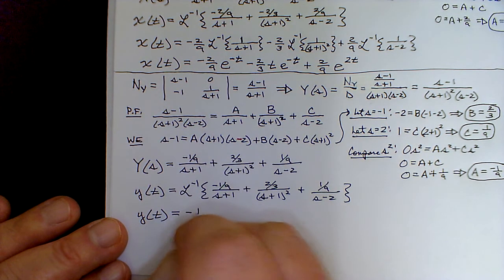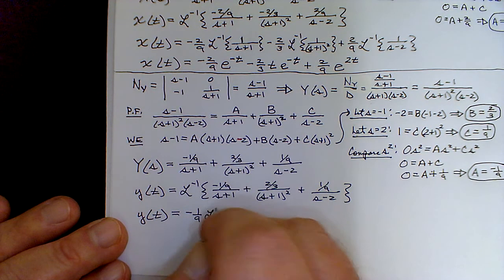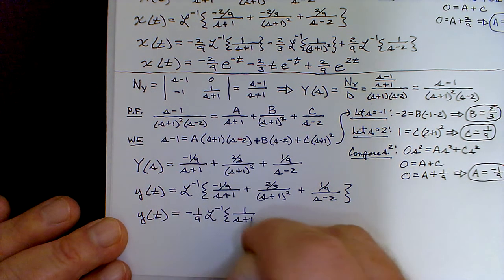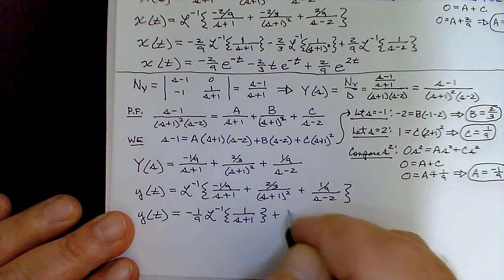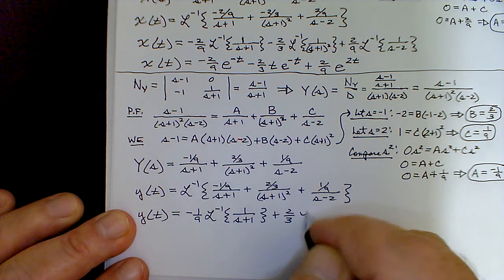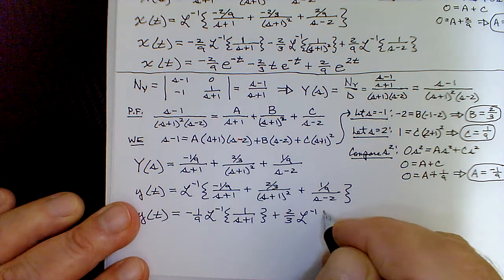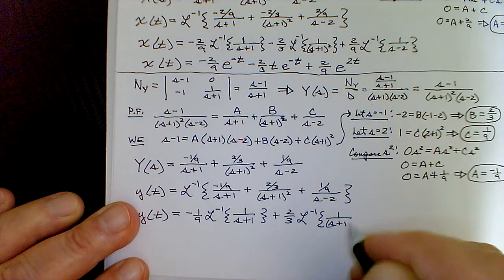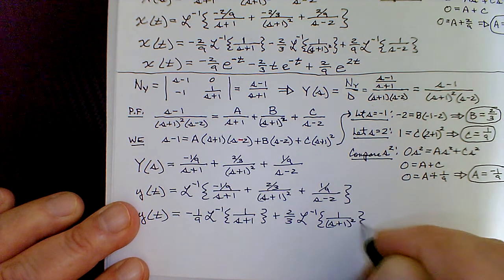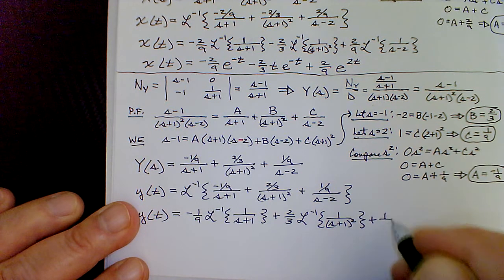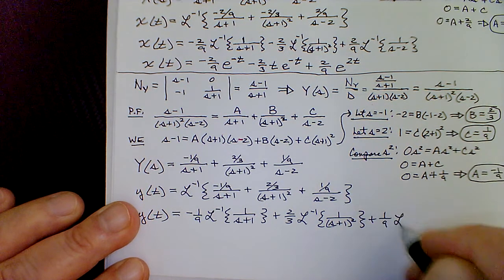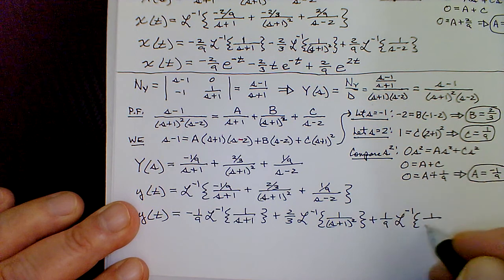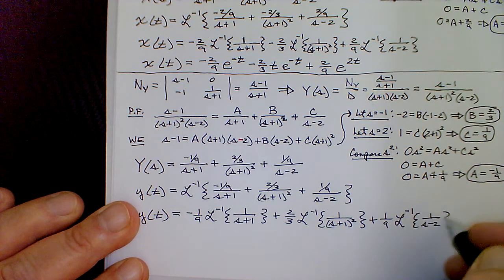So you get negative 1/9 inverse Laplace 1 over s plus 1 plus 2/3 inverse Laplace 1 over s plus 1 quantity squared, and then plus 1/9 inverse Laplace of 1 over s minus 2.